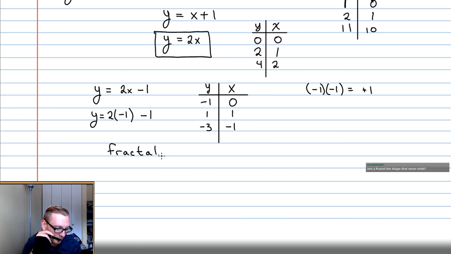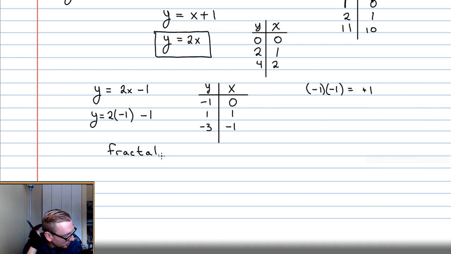It's basically a shape that never ends. It's like one of those little scope things, like a gyroscope, I think.